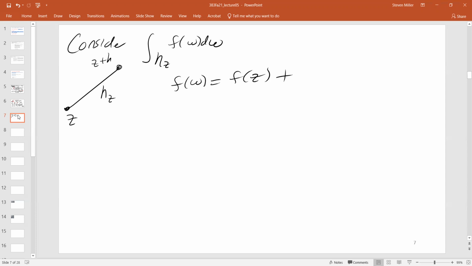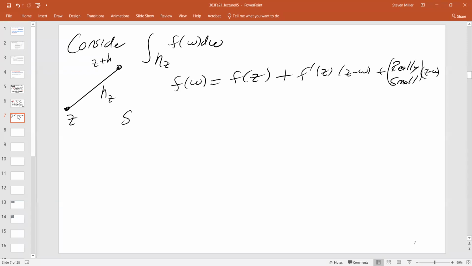We could try writing it as f prime of z times w minus z plus really small times w minus z. We don't know exactly how small really small is, but it's got to be so small that as h goes to 0, the really small goes to 0, because this is a lower order correction because it's differentiable. It turns out we don't need something of this level.